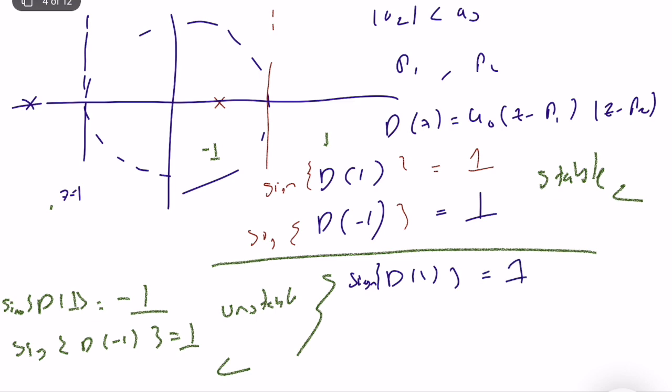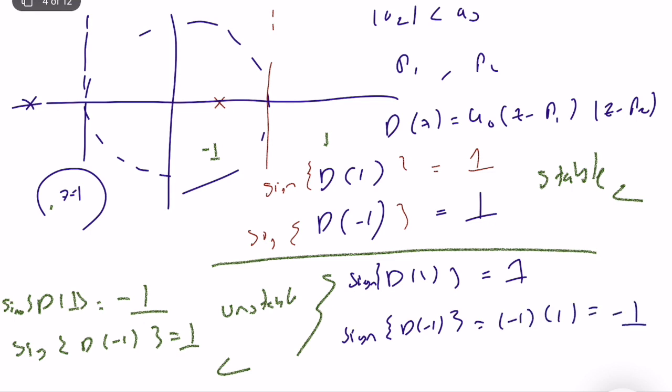But if I look from the perspective of the z equal to -1 line, the sign of D(-1) will be equal to -1 times 1, which is equal to -1. So stable case, D(1) and D(-1) are equal to 1. Unstable case, it's -1.